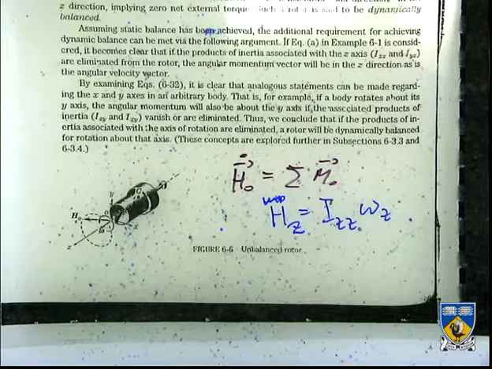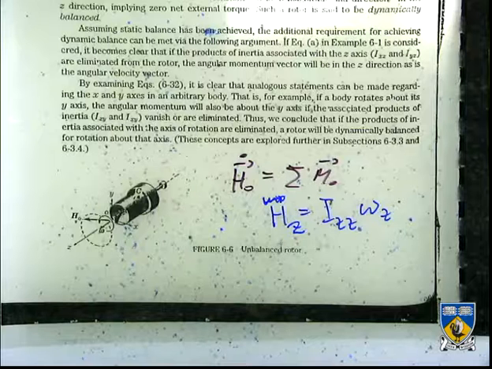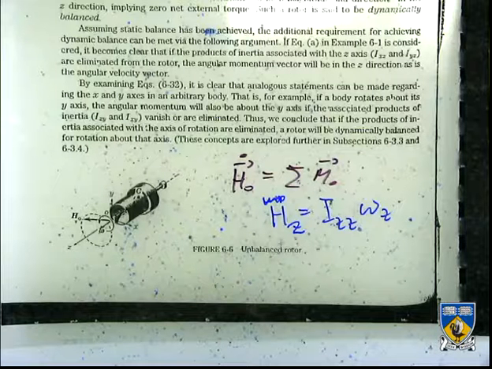But if the vector of angular momentum is not parallel to the vector of angular velocity, it will be changing all the time, right? The tip of that vector will actually draw some kind of a circle. So the vector of angular momentum will be time dependent. It will be changing in time.